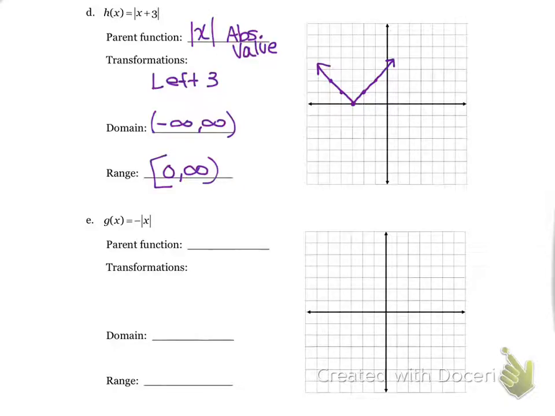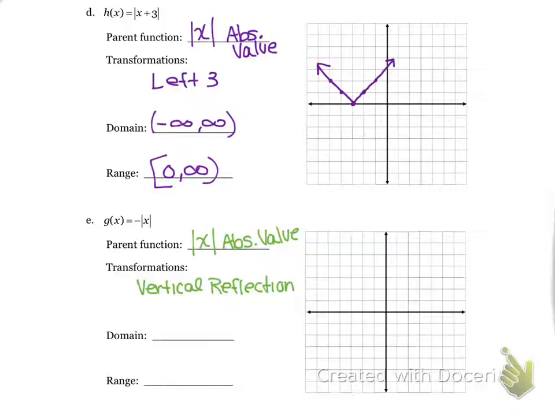Okay, so the one below it is also the absolute value function, except this transformation is a reflection. So this is actually going to be a vertical reflection. And we know it's vertical because it's on the outside.